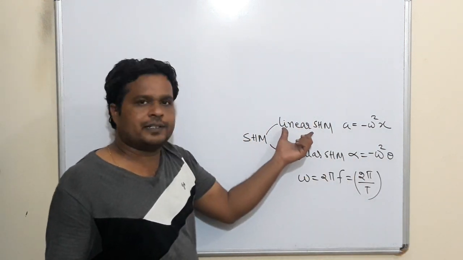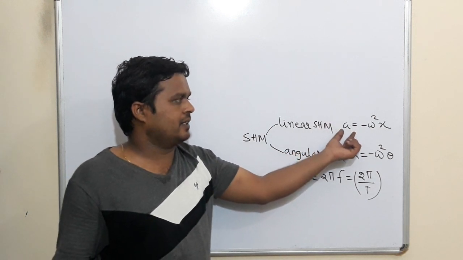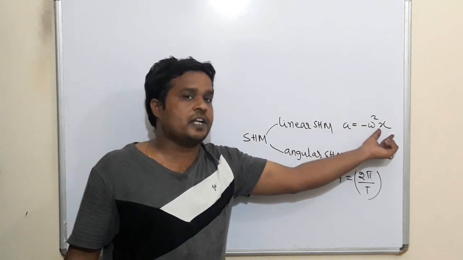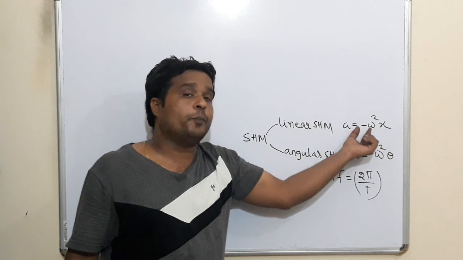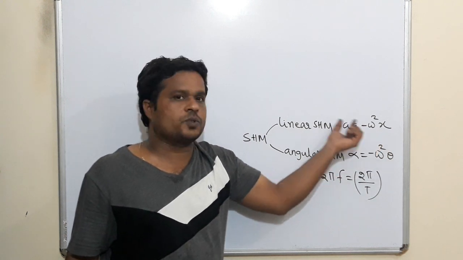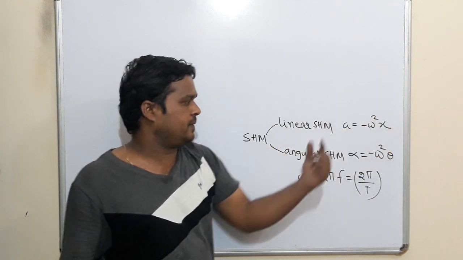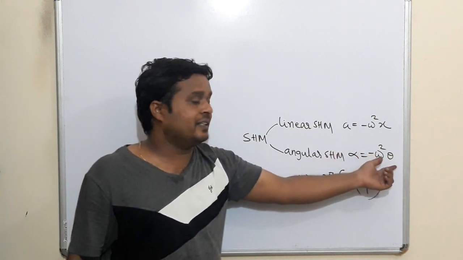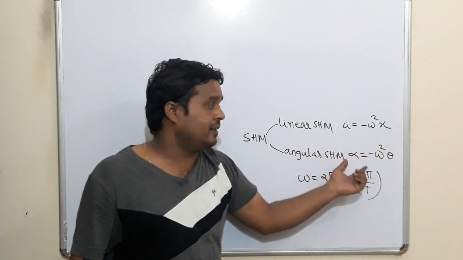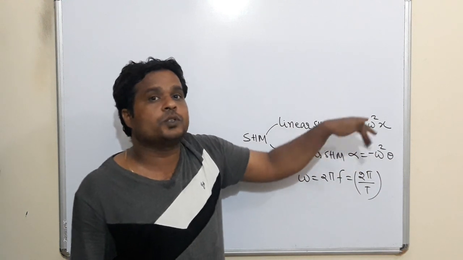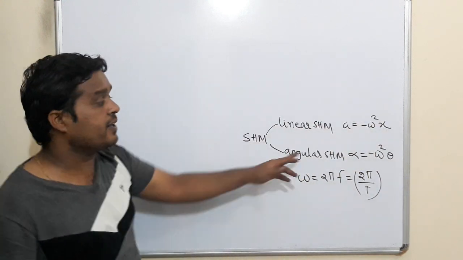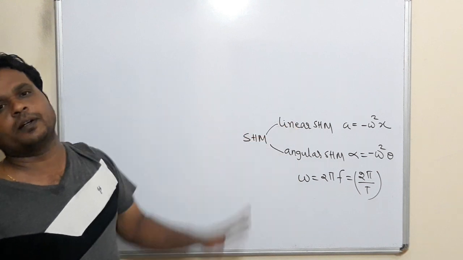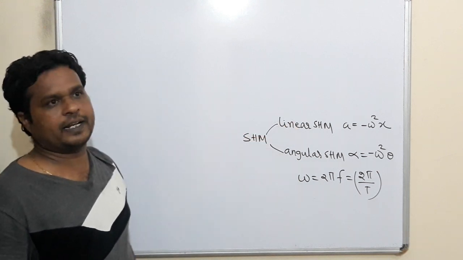In linear SHM, linear acceleration is directly proportional to linear displacement and opposite to it. The minus sign shows that acceleration is opposite to displacement. In angular SHM, alpha is equal to minus omega square theta. Angular acceleration is proportional to angular displacement and opposite in direction.